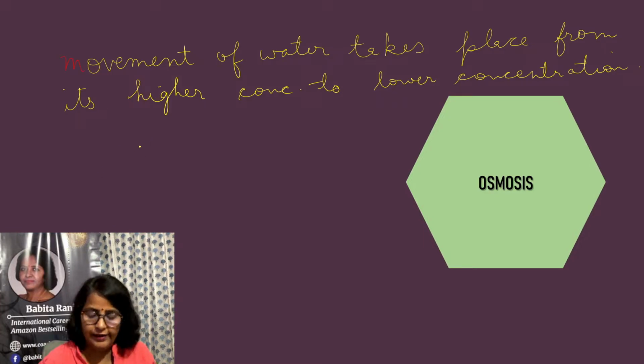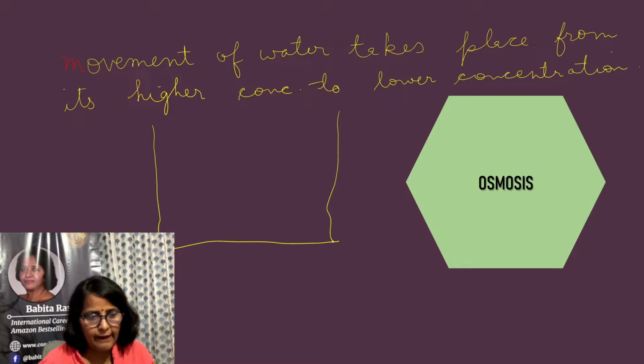Okay, now let us understand how this happens. Suppose I take a beaker, sorry for this drawing, which is separated by a selectively permeable membrane.